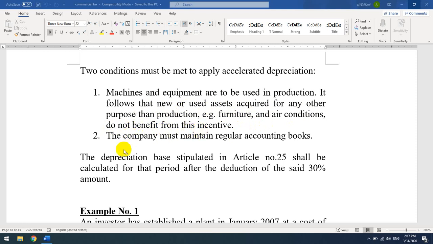The condition number two, the company must maintain regular accounting books. The company or the enterprise must maintain regular accounting records or books.